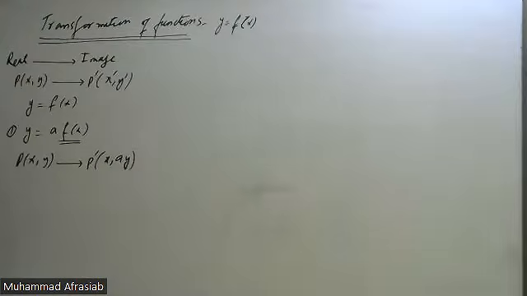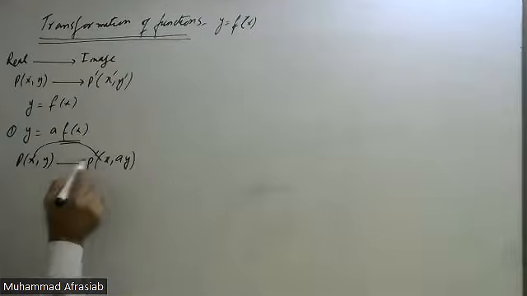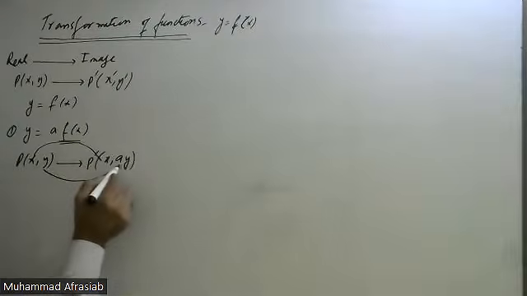This means that the x coordinate retains its position, whereas the y coordinate is going to be changed with the multiple of a. So it is basically (x, y) will be changed to this point P dash (x, a y).